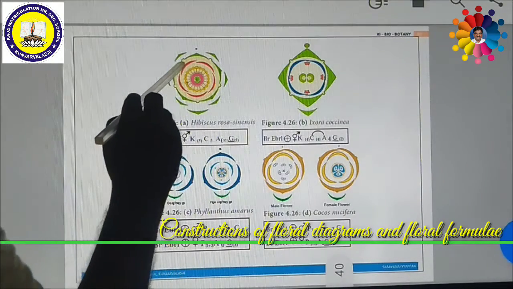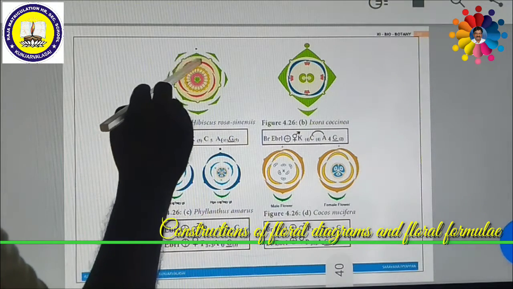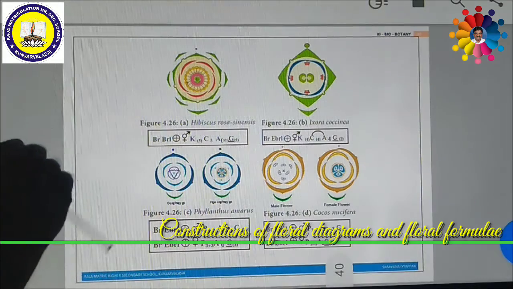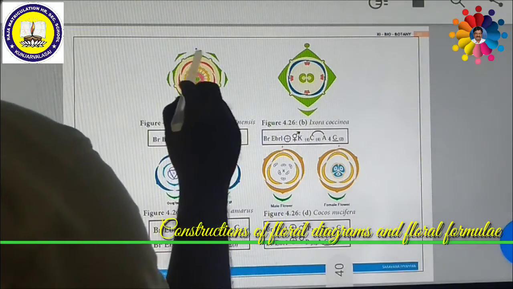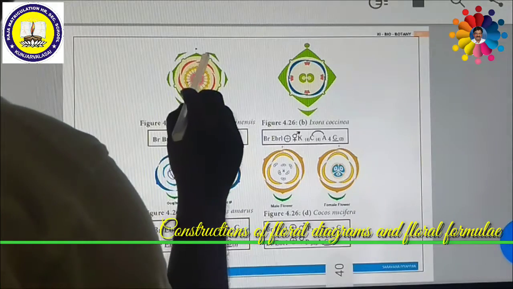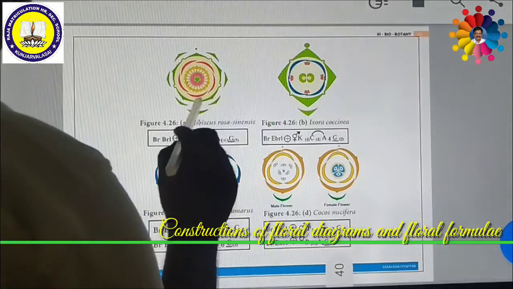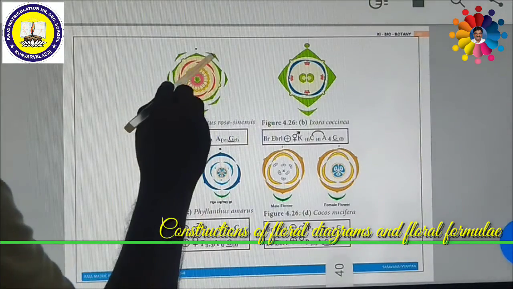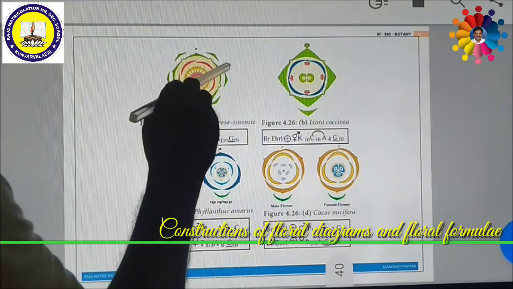Then corolla. There are 5 petals of twisted aestivation. See the aestivation? It is twisted form. It is red in color. Then calyx, it is green in color. There are 5 sepals. These are touching each other. It is valvate aestivation. Around this calyx, epiphyllous organ.